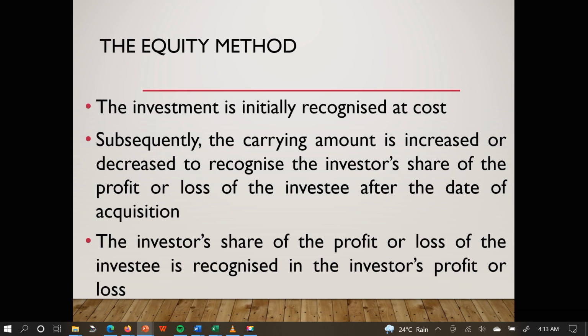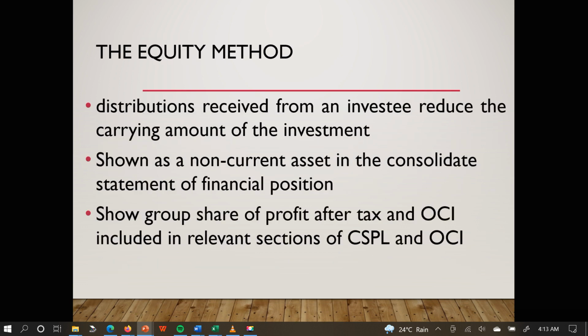Determine the cost, determine the post-acquisition profit, and add the investor's share. If there is any distribution received, for example a dividend, then it is reduced from the investment and it is shown as a non-current asset in the consolidated statement of financial position.